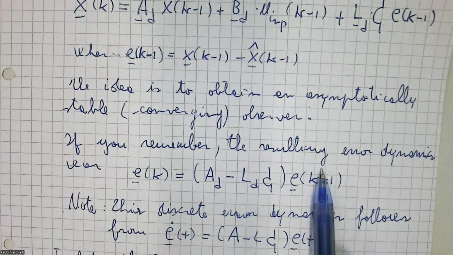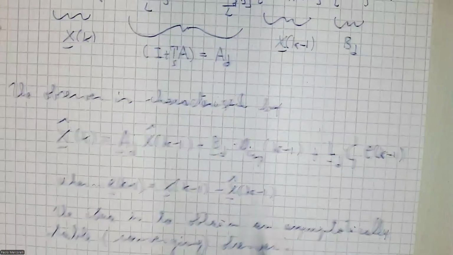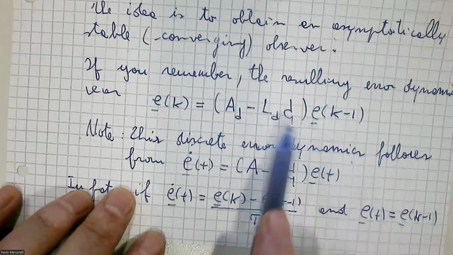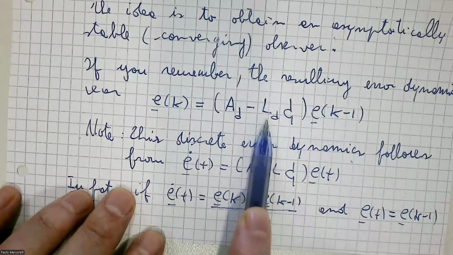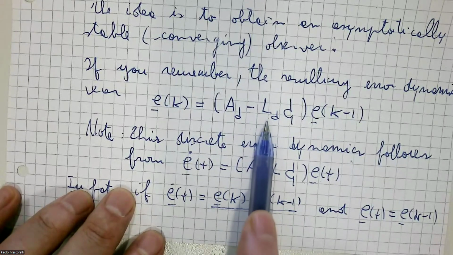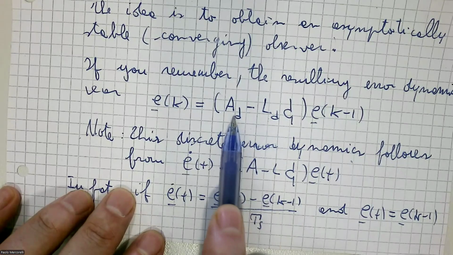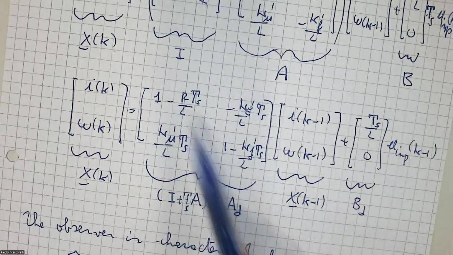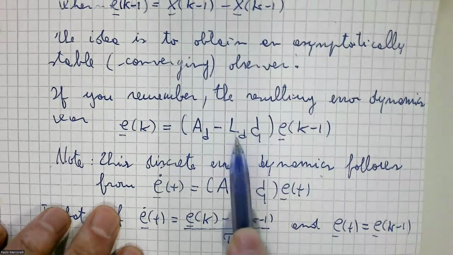This dynamics between what I am measuring and what I am observing, we can demonstrate, consists of this equation here, in which, considering a particular L_D, this is free. I didn't fix L_D. A_D is fixed, depends on T_S, depends on R, depends on L. C is fixed, depends on what I measure, but L_D is not fixed.